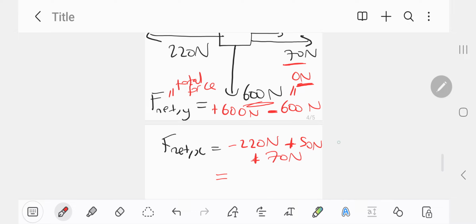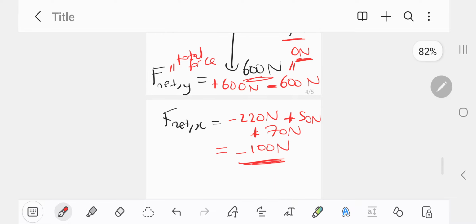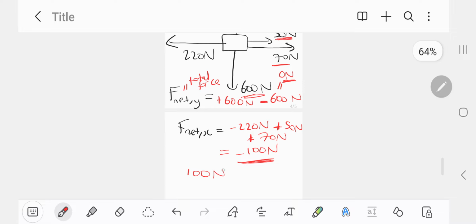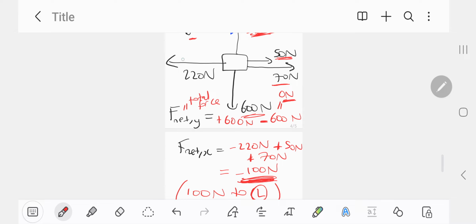On your calculator, if you do minus 220, plus 50, plus 70, you get minus 100 newtons. In other words, the total force in the x direction is 100 newtons to the left, because we've defined left as being negative. So that is the same thing as saying that total force is acting that way, 100 newtons to the left.